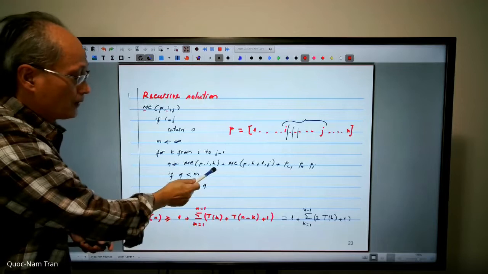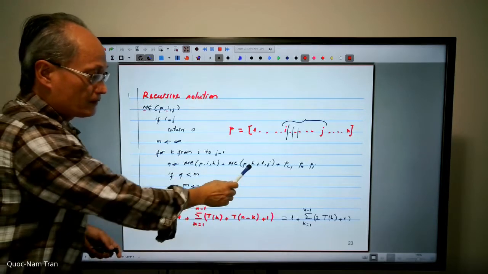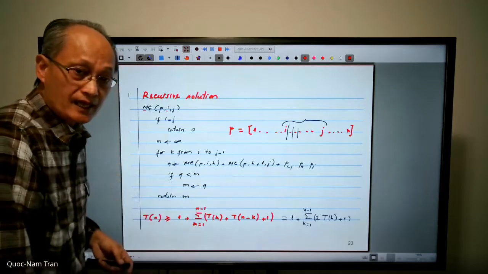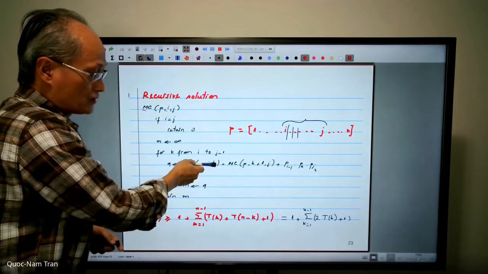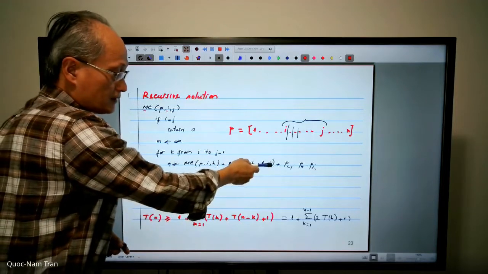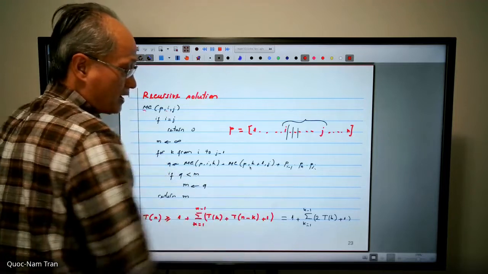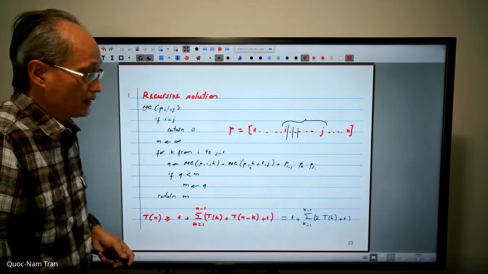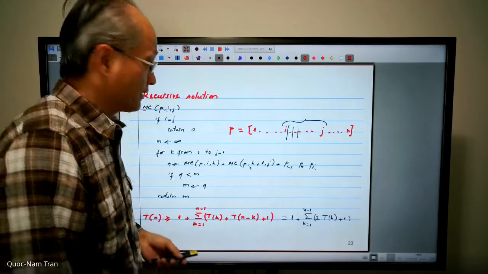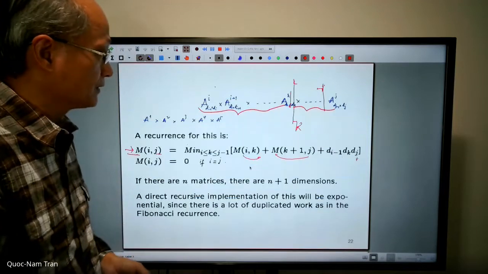So we invoke the function again from I to K and from K plus 1 to J, and add the cost of multiplying the two resulting matrices together. That is P(i-1) times Pk times Pj. It is the value we had from the previous slide.